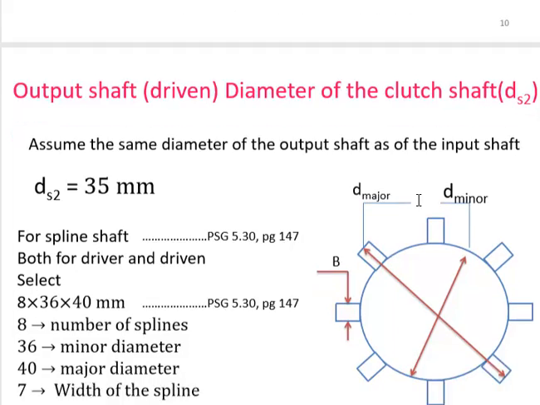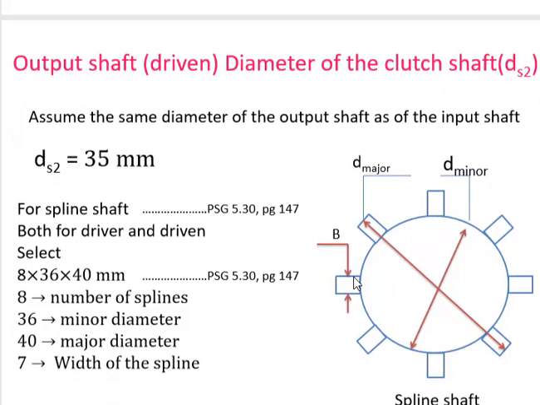Now I would like to find out the diameter of the output shaft. So I've assumed whatever diameter I have taken for the input shaft, it can be same for the output shaft as well. Now one more thing that can be observed is the shaft that is used for the multiplate clutch is spline shaft. Hence I'll go to design data book 5.30 to this particular page number to select a spline shaft.